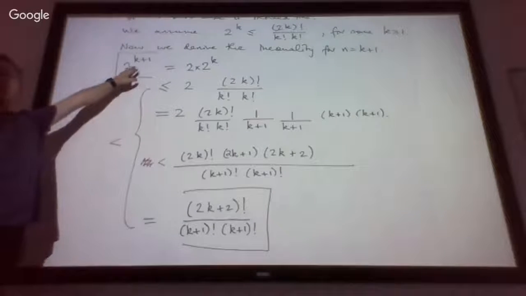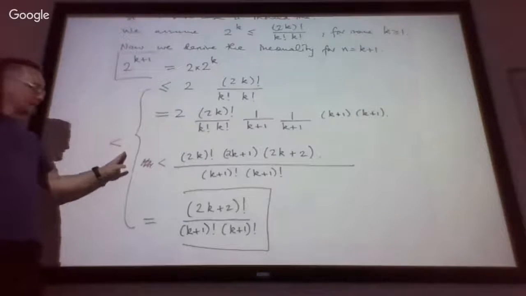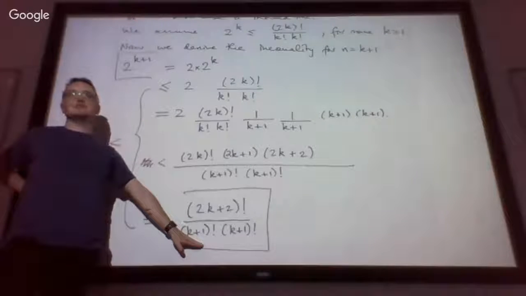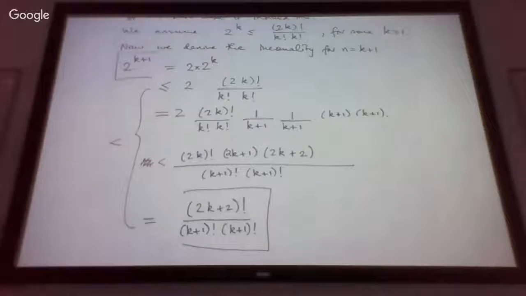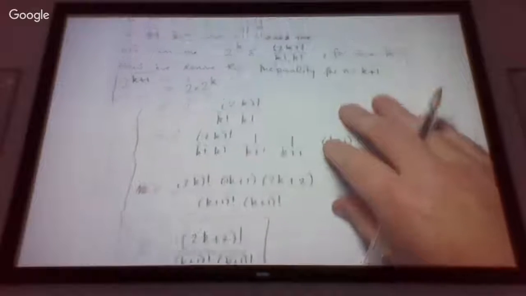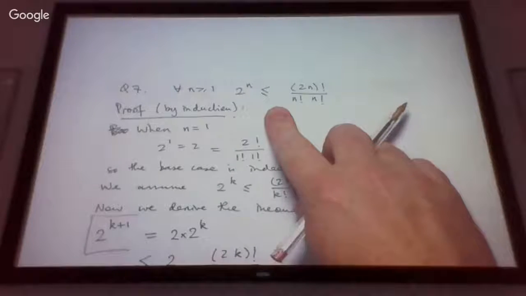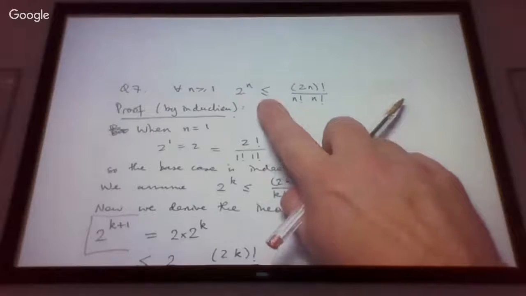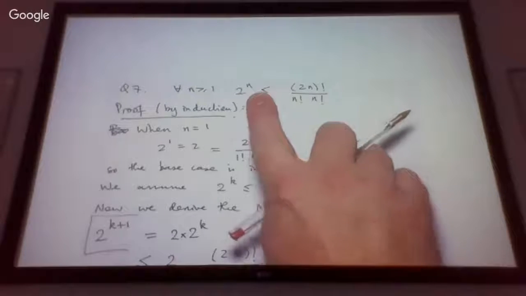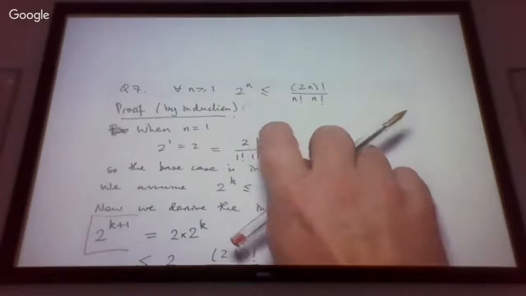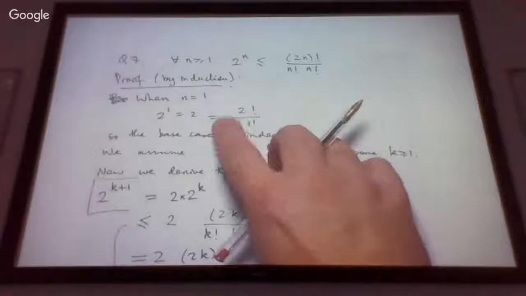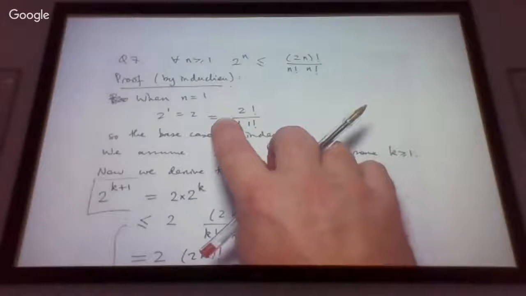So I've proved that 2 to the k plus 1 is strictly less than this quantity here, okay? Which agrees with the stated result. So actually you can strengthen this stated result. It really is a strictly less than, except for the base case of n equals 1 where both things are the same.